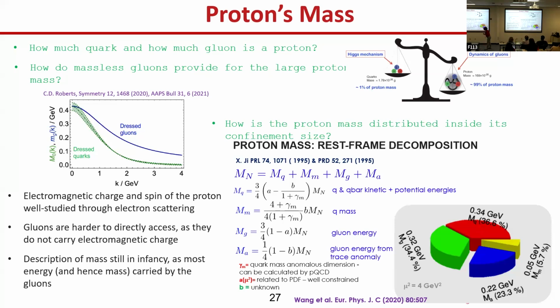So the question that we want to answer is the following: how much quark and how much gluon is a proton? How do massless gluons provide for the large proton mass?